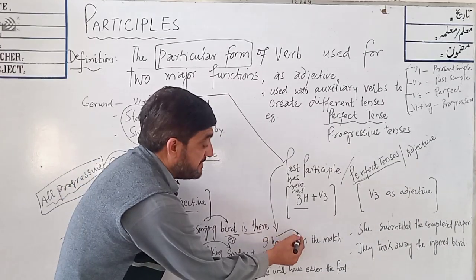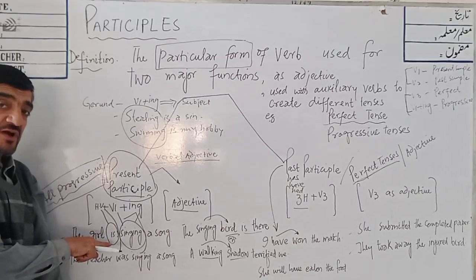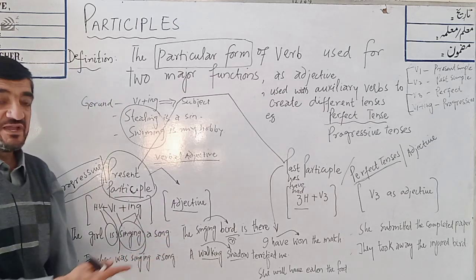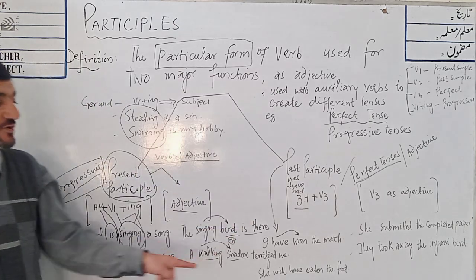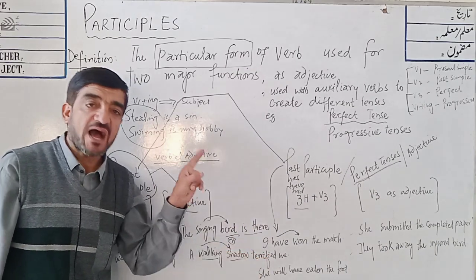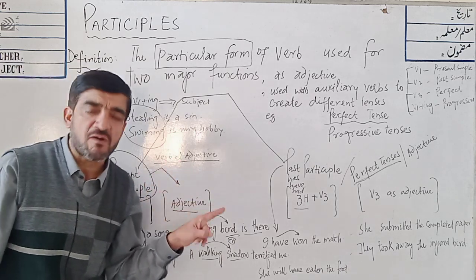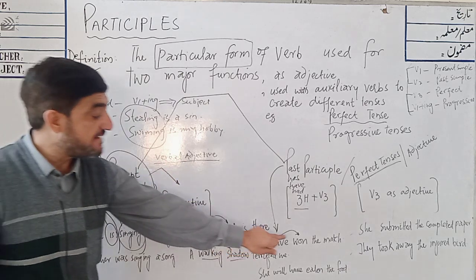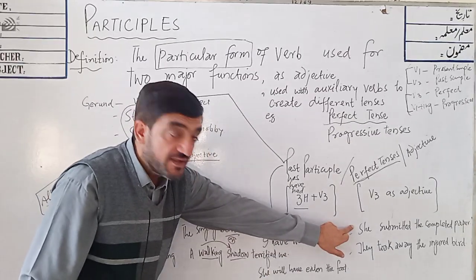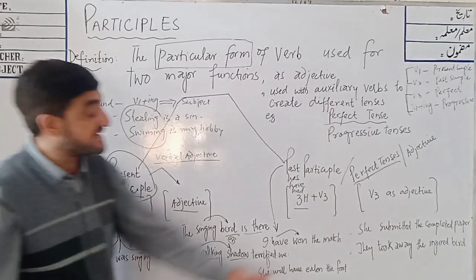Have plus third form of the verb. But here, helping verb plus base form of the verb plus ing. In past participle, you will go for the use of a helping verb, but after that helping verb, there must be the third form of the verb. Here, I have won the match. And the same third form can be used as adjective as well.